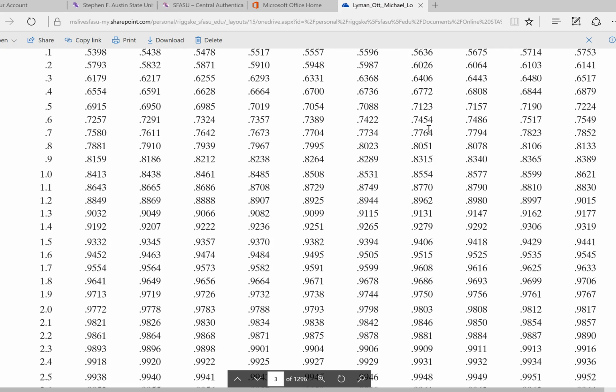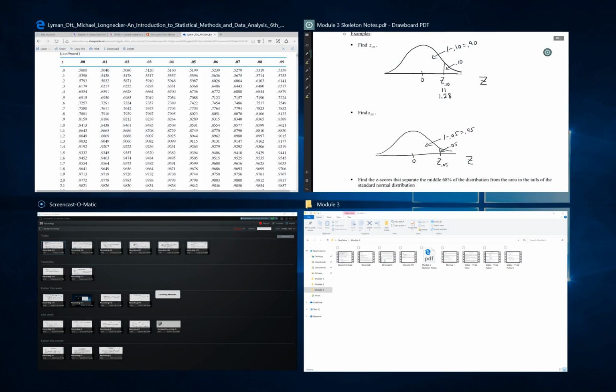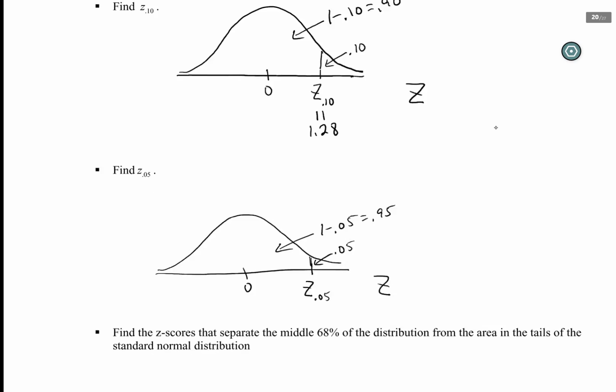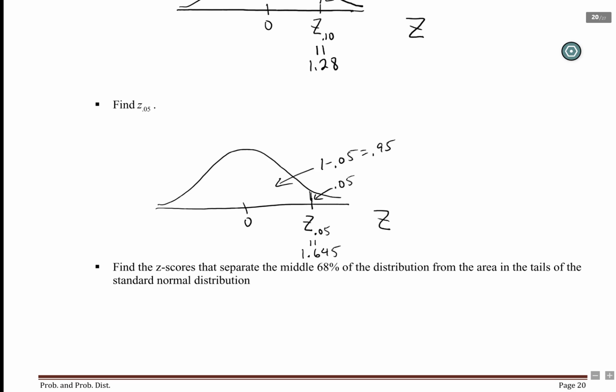So let's see, 0.9484, 0.9495, 0.9505. These two values are equidistant from 0.95, so I could choose either one. What I'm going to do is interpolate between 1.64 and 1.65, and when I do that interpolation, it would be 1.645.